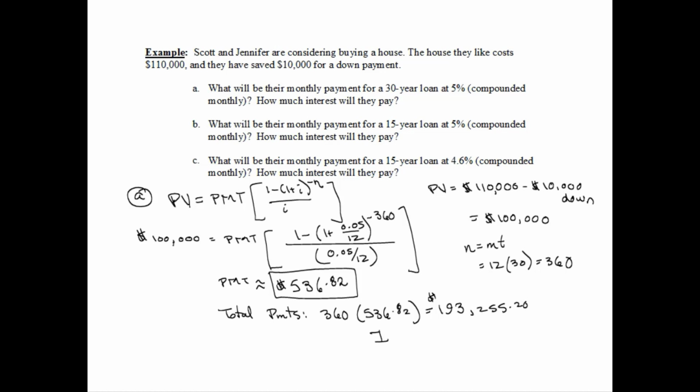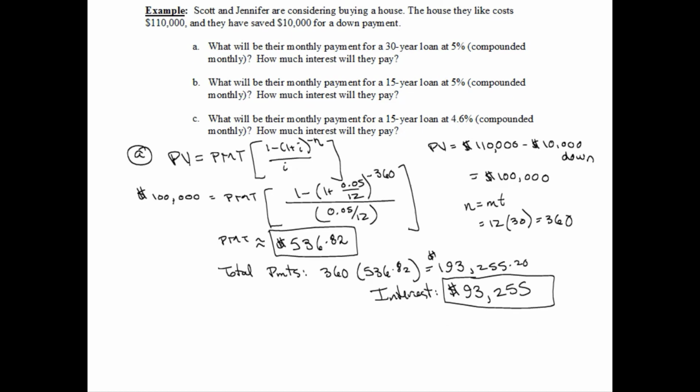And so my interest then, since we financed $100,000, the rest has to be interest. So we have $93,255. I'm going to round it at dollars because that's a pretty big number, and I'm not going to be worried about the 20 cents if I'm paying $93,000 in interest. So that's my interest with that first option.